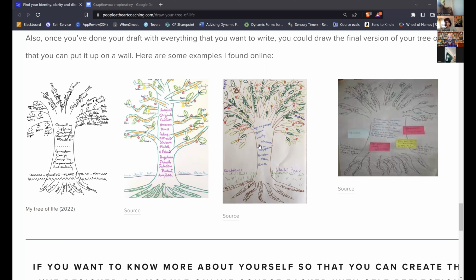Ви також можете додати те, чого ви добилися у своєму житті, те, чим ви пишаєтеся, те, що ви зробили і пишаєтеся, це теж ви можете написати у стовбур вашого дерева. Ваші навички можуть теж бути там.